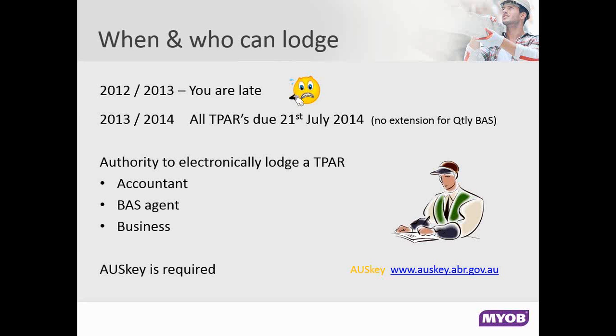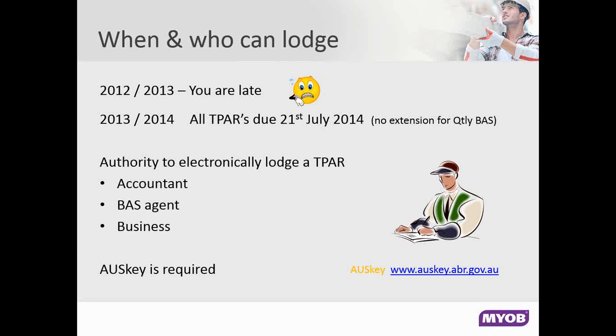If you're deciding to save a little bit of money because it's a simple report to do using your accounting software and you want to lodge it yourself, I understand one of the hiccups that people have faced is, yes, as a business I can lodge it electronically, however, I need to have an Oz key before I can electronically lodge.